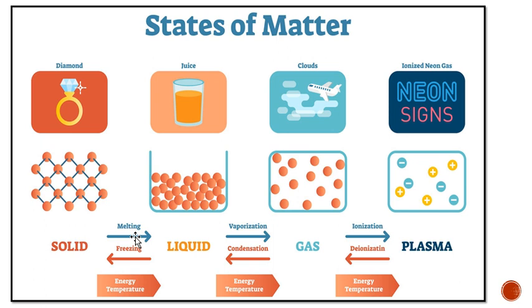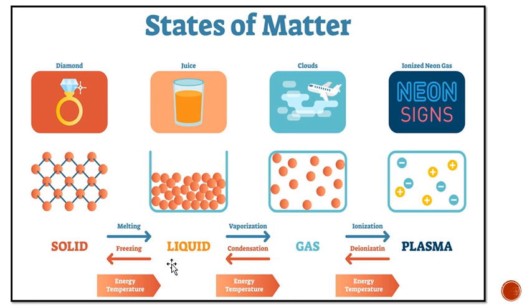So for example, solid will transform into liquid, so that is what we call melting. Example, an ice cube. So ang ice cube is solid and then it will melt, becomes liquid. So likewise, liquid can turn into a solid.